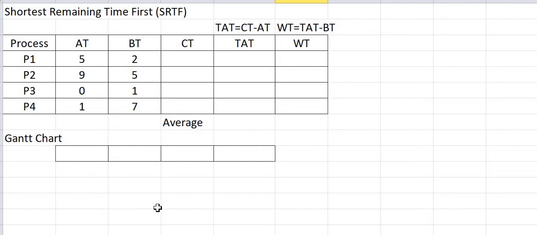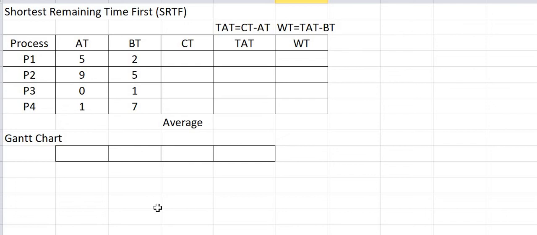It checks for every millisecond whether any other process has arrived or not. If at that time, when the second process arrives, it compares its remaining burst time with the newly arrived process burst time. There, whichever process has the least burst time, that process has to make sure enter into the CPU.